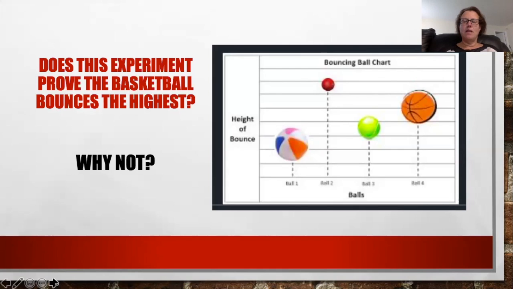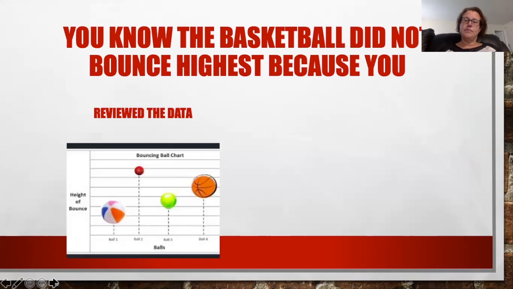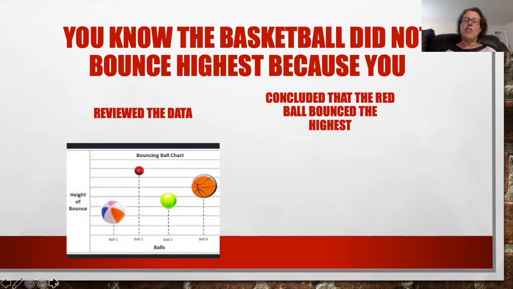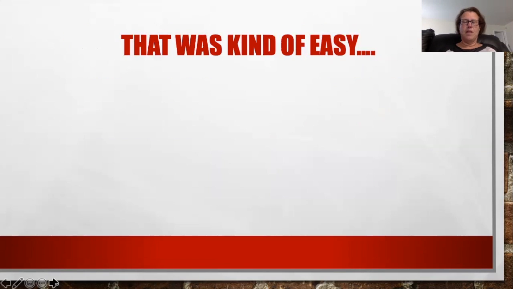No, right? Why not? Can you explain why? Well, you know the basketball did not bounce the highest because you looked at your data and you concluded that the red ball bounced the highest, didn't you? So that's kind of easy, right?